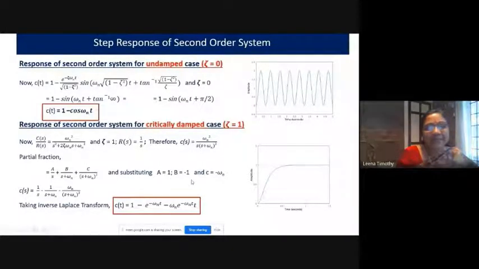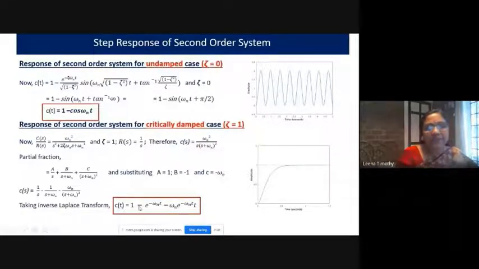So c of s is equal to 1 by s minus 1 by s plus omega n minus omega n by s plus omega n the whole square. So take the inverse Laplace transform.